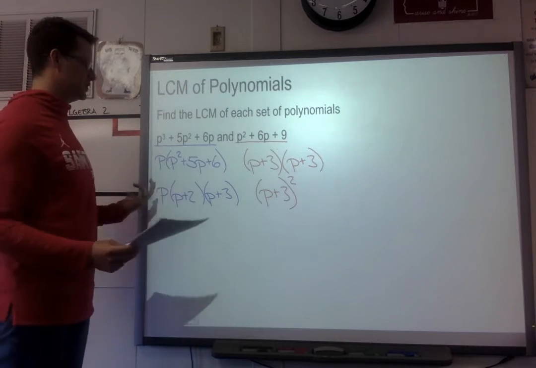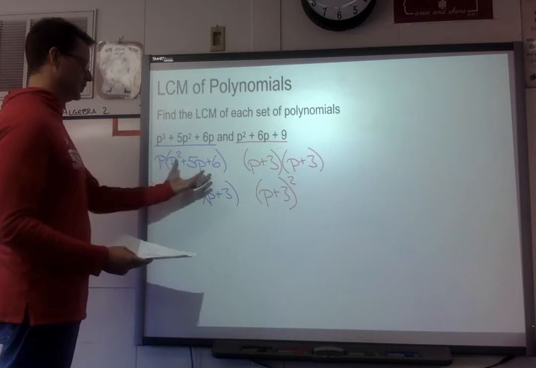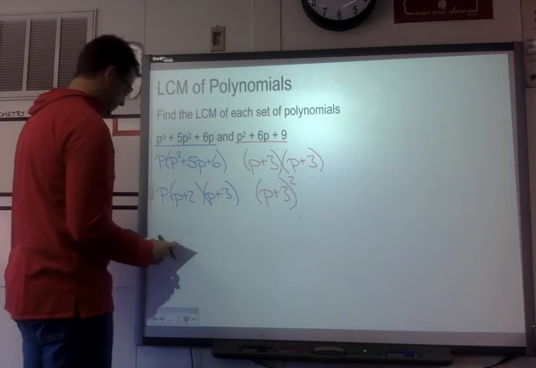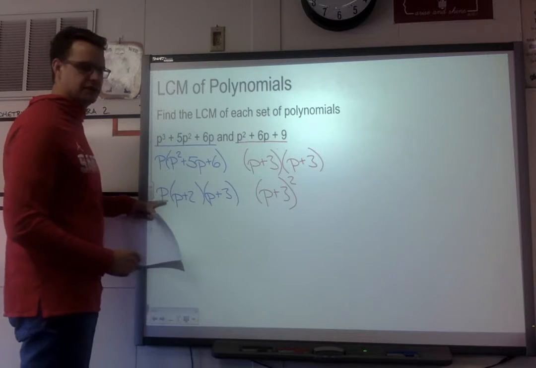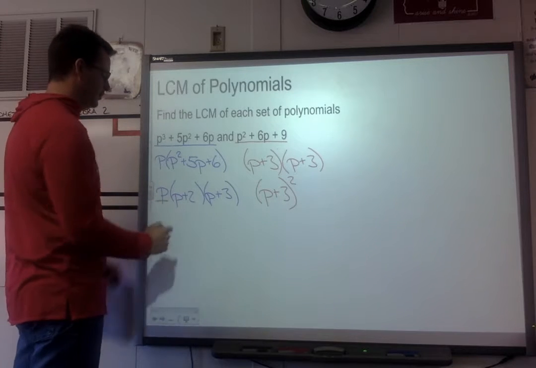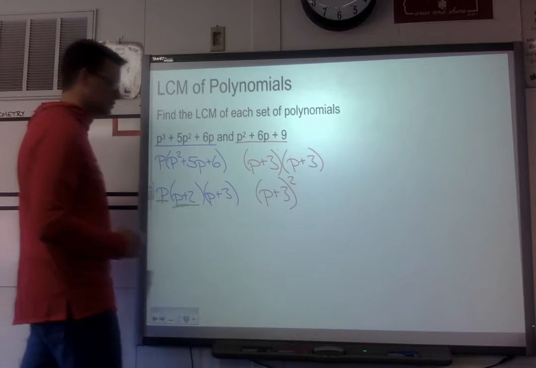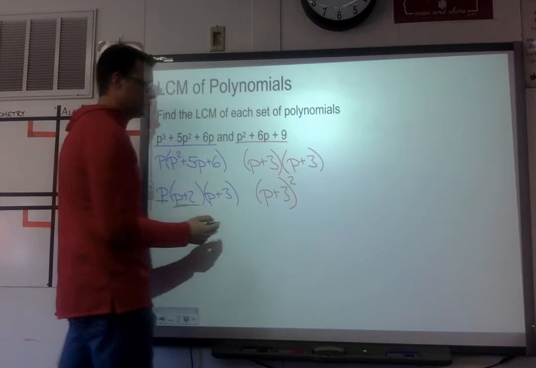Then we're going to go and do the same thing. We are going to use each factor the greatest number of times that it's used. So in this case, we have p to the 1st power. That's the only time that p is used by itself. We've got a factor of p plus 2. That's the only time that that's used. Then we've got p plus 3 and p plus 3 squared.